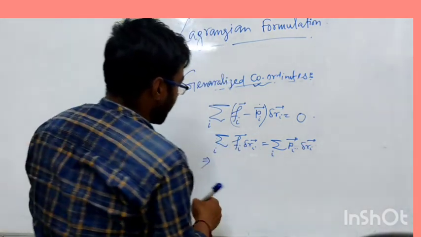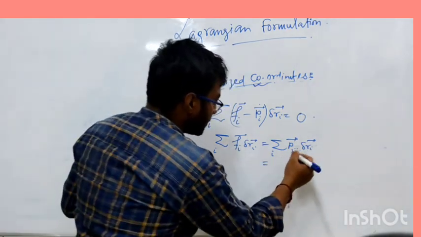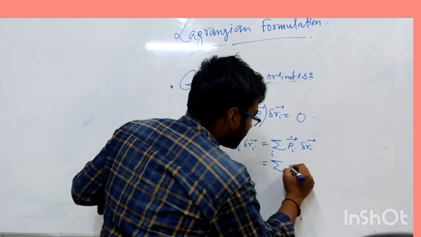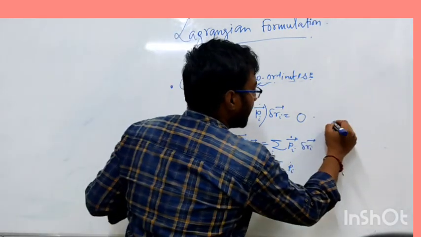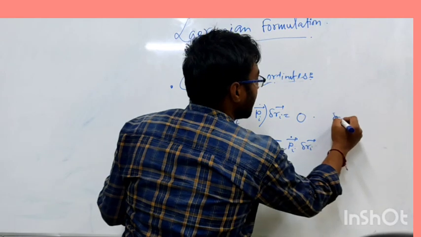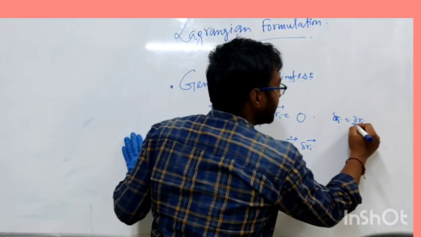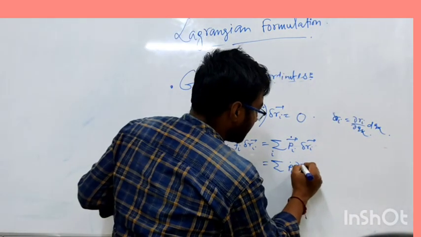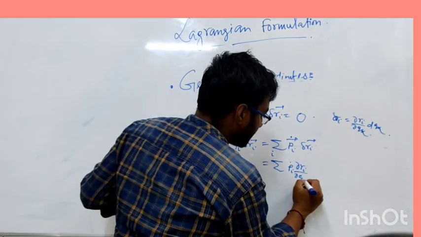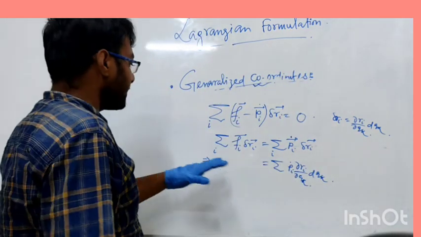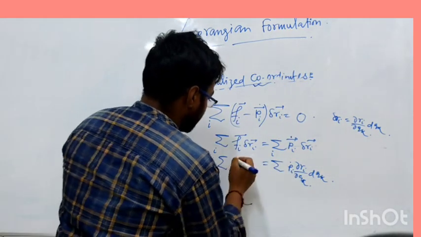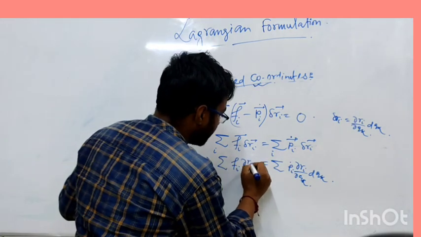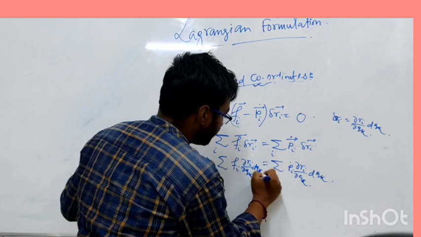We know that del Ri can be represented as del Ri del Qk into dqk. So we will put this condition, del Ri del Qk into dqk, here also, Fi into del Ri del Qk into dqk.